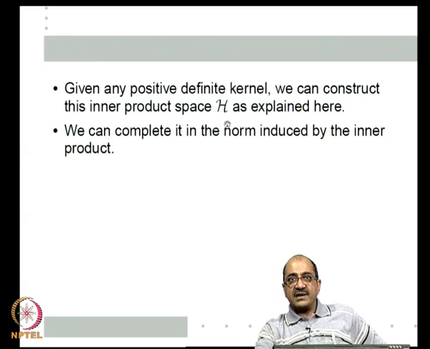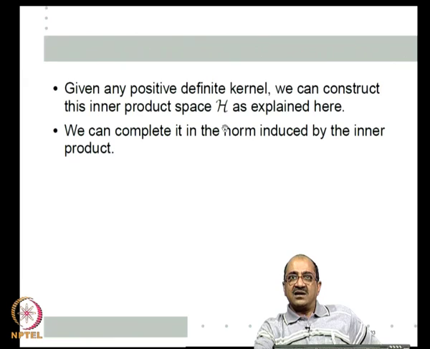Under such a distance metric, if any sequence is Cauchy, that is a sequence where as n and m tend to infinity, the nth and mth elements of the sequence come close to each other in the distance metric, then the sequence should also have a limit, right. That is what is meant by complete. If a space is not complete, we can always complete it. This is just a technical digression. If you do not understand, it does not matter.